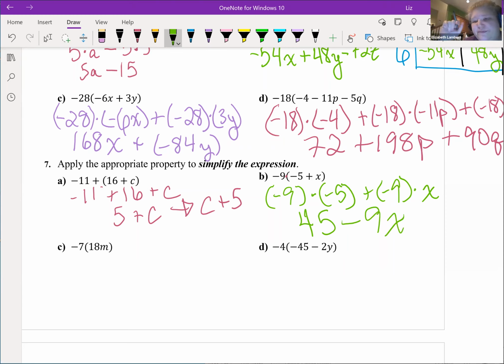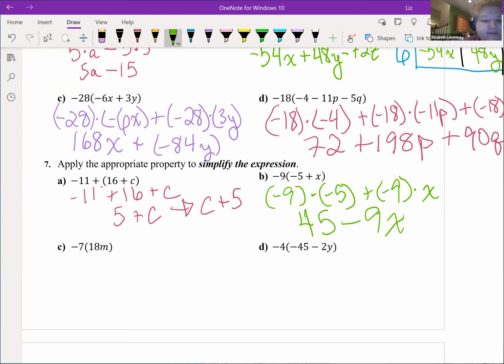Either is acceptable. All right. And the parentheses are gone. Now, is that simpler? Depends on what you're going to try to do. That's why I hate these directions. There are times where having the -9 factored out would be preferable to having it all multiplied out.